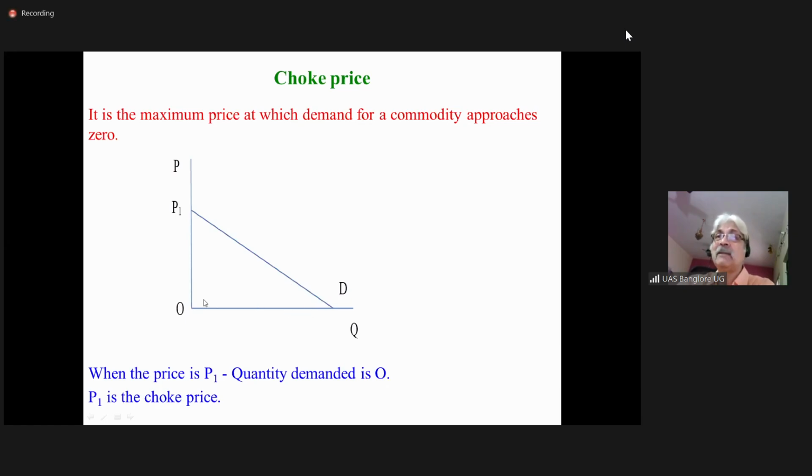As the price goes on increasing and approaches P1, the quantity demanded goes on decreasing and approaches zero. So P1 is the choke price. It totally chokes, squeezes the quantity demanded.